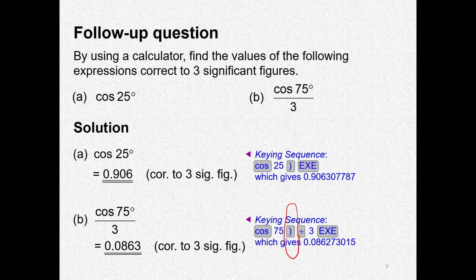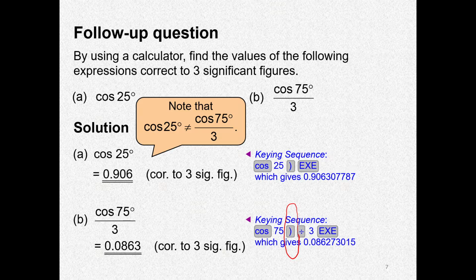And then you press the division, and then you key in 3, and then you press the EXE. Okay, so this is the answer. So bear in mind, cosine 25 degrees is not equivalent to cosine 75 degrees divided by 3, because you have to tell your calculator to close the brackets after the cosine and before the division of the 3.